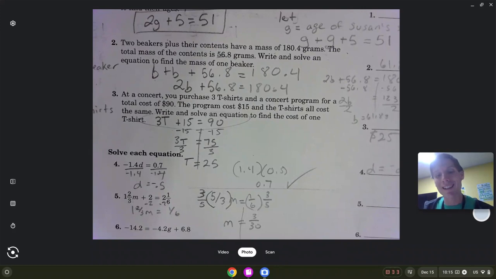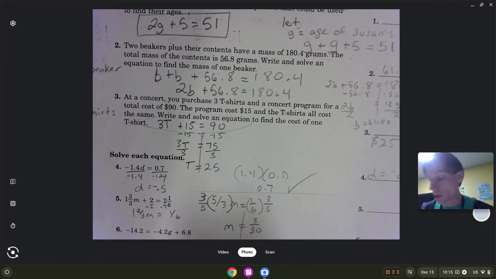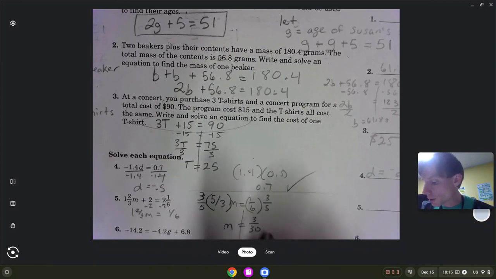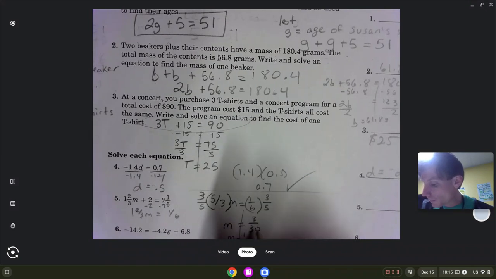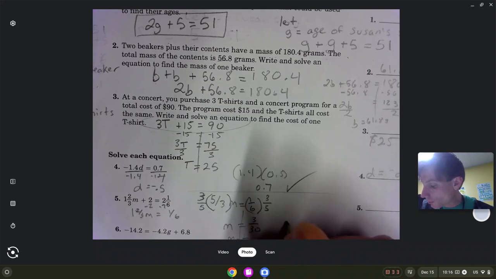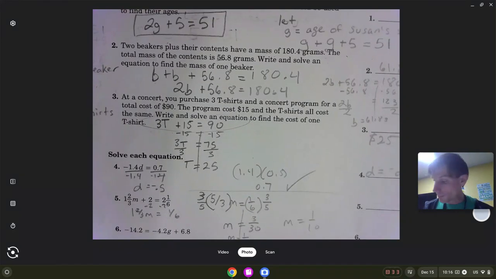Okay, last step, we want to simplify that, right? 3 and 30 are both divisible by 3. So if we divide each of these by 3, 3 divided by 3 is 1. 30 divided by 3 is 10. So our answer should be M equals 1/10. Okay.